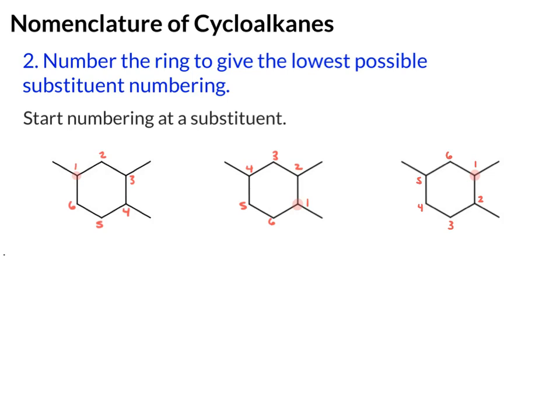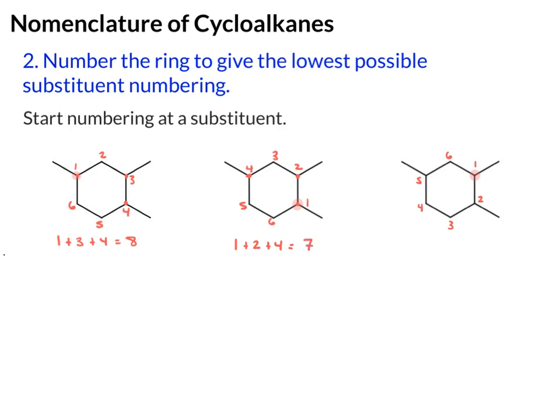up the numbers. So in this first one, we have a substituent at 1, at 3, and at 4. So just add 1 plus 3 plus 4, that's 8. Okay, let's do that with our second one. We have a substituent at 1, 2, and 4. Add those up. That gives us 7.